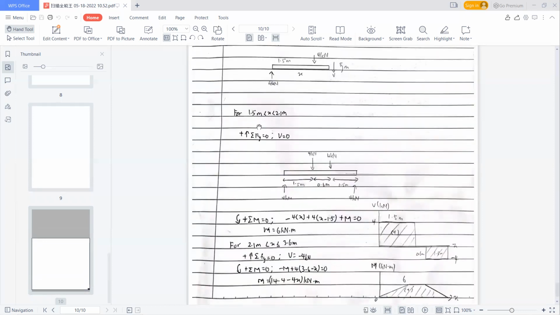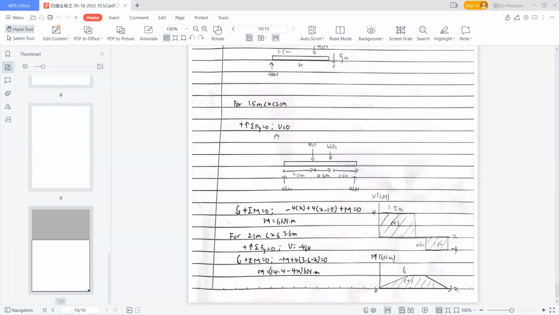For the next question, x is greater than 1.5 meters but less than 2.1 meters, so V equals 0.